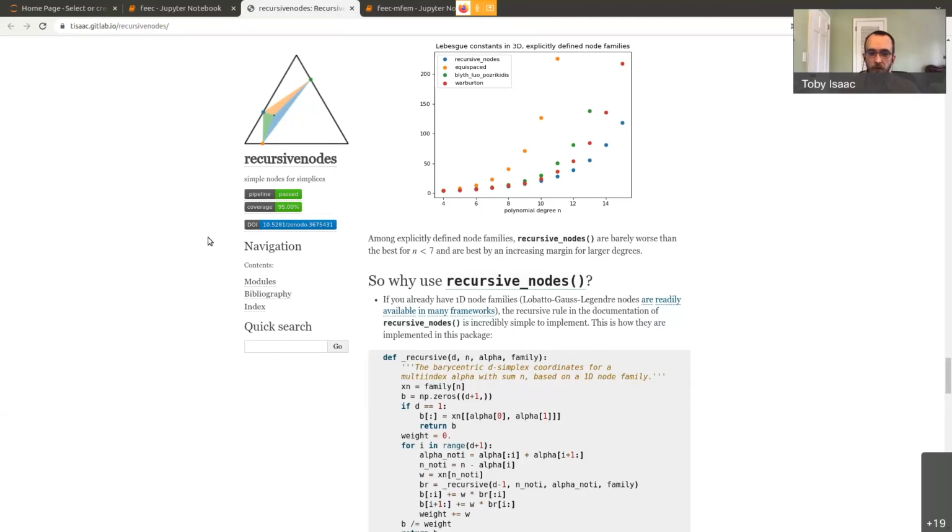These spaces are interesting to define. I think they're called the augmented serendipity spaces, because they have the serendipity spaces plus some additional ones that you would need to get a tensor product set of nodes.